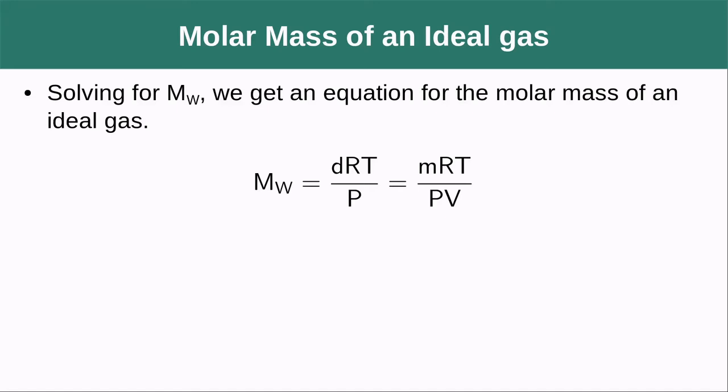We can also solve that equation for the molecular weight. And we can see that the molecular weight is equal to the density times the ideal gas constant times the temperature divided by pressure. Or we can substitute in our value for density here. If we have the mass and volume, we can see that that is mRT divided by PV.